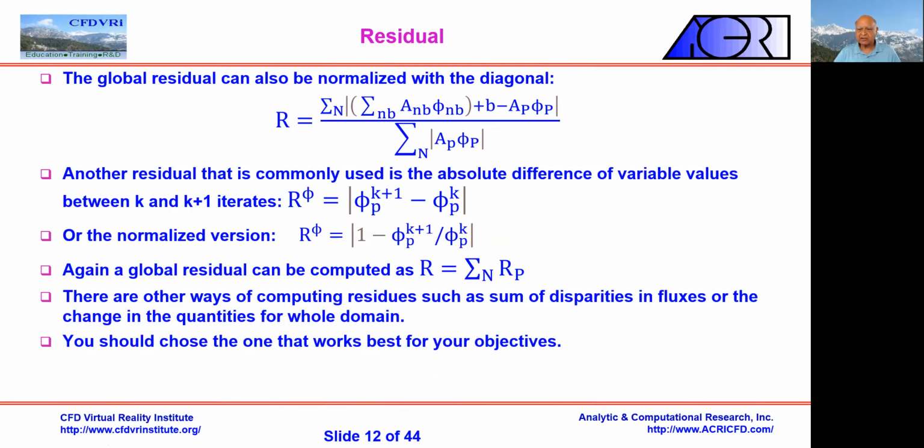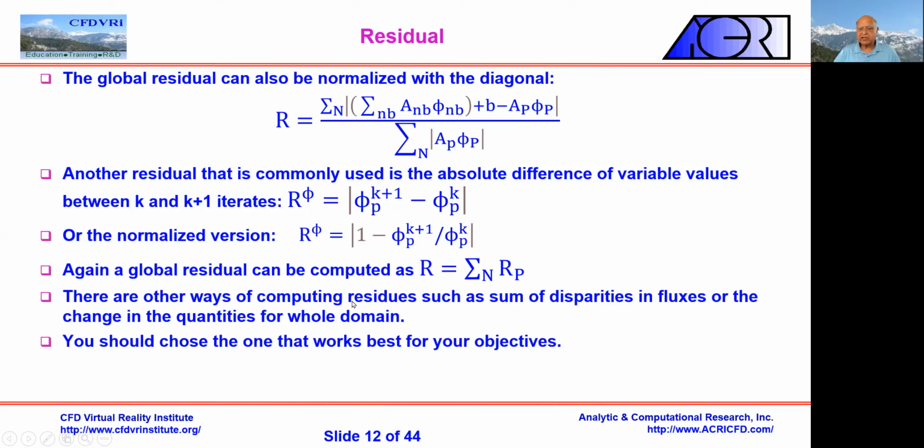Another residue commonly used to test convergence is the absolute difference of variable values between two iterates, k and k plus 1. You ask what is the difference between the two points? That's the residue. You can also use its normalized version, phi k plus 1 minus phi k. Again, you can also compute the global residue or the sum.